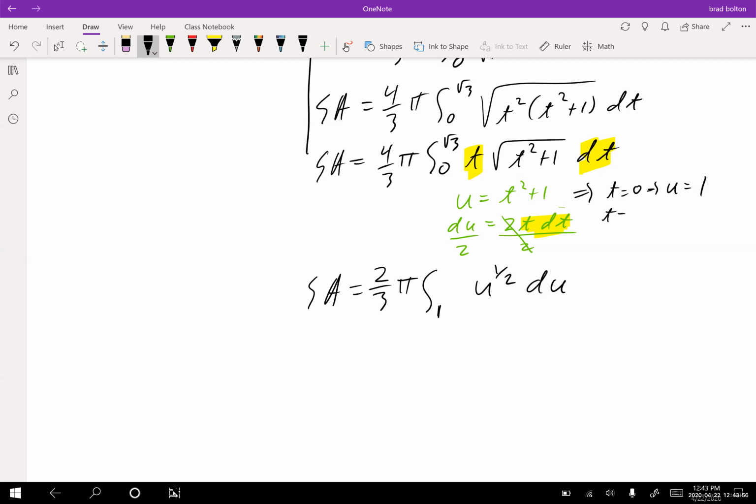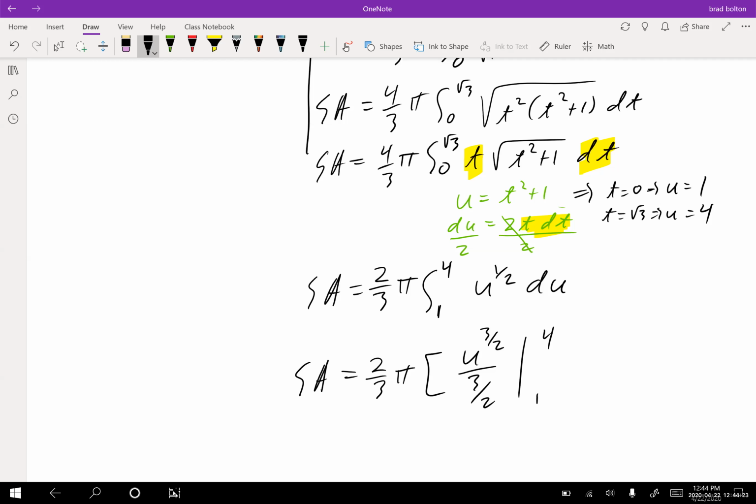And when t equals square root of 3, then u equals, what, 4? We're going to go to 4. Okay, which is actually good because there's going to be some kind of a square root situation going on here. So we have surface area equals 2/3 pi times u to the 3/2 over 3/2 from 1 to 4.